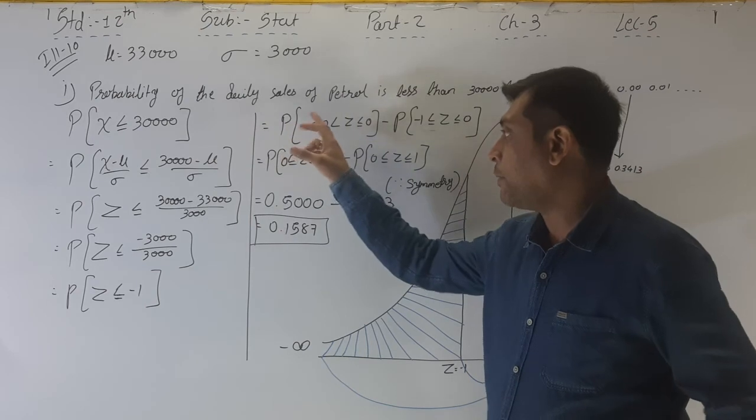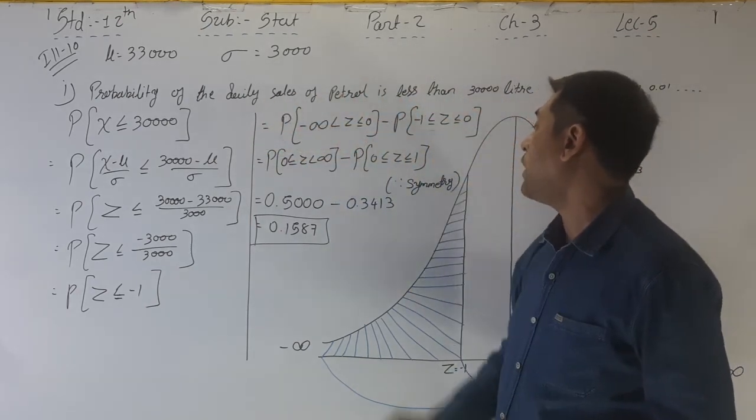This is just the probability: probability of daily sales of petrol is less than 30,000 liter.